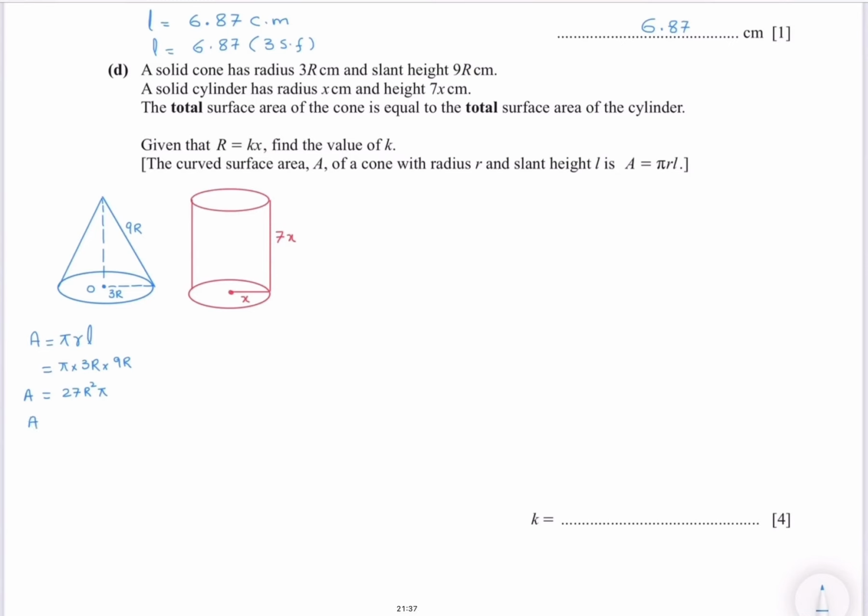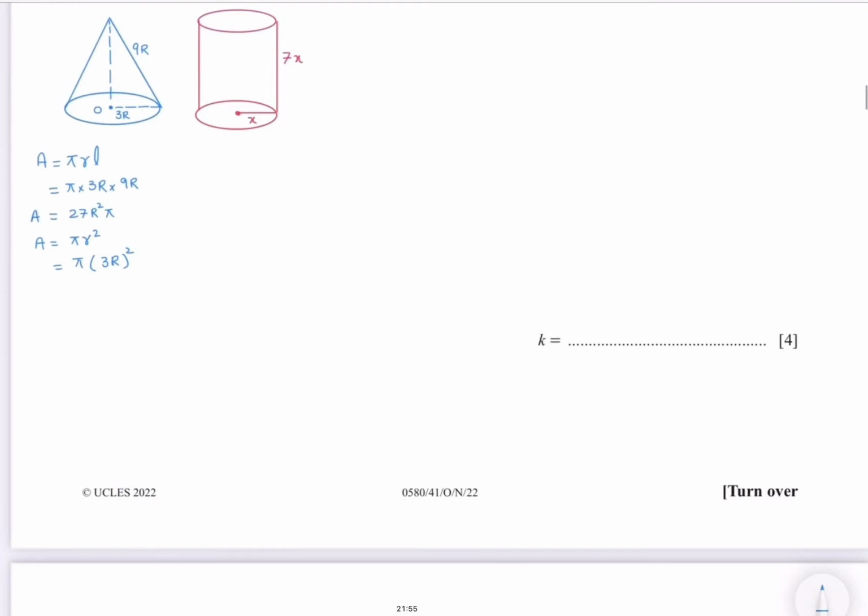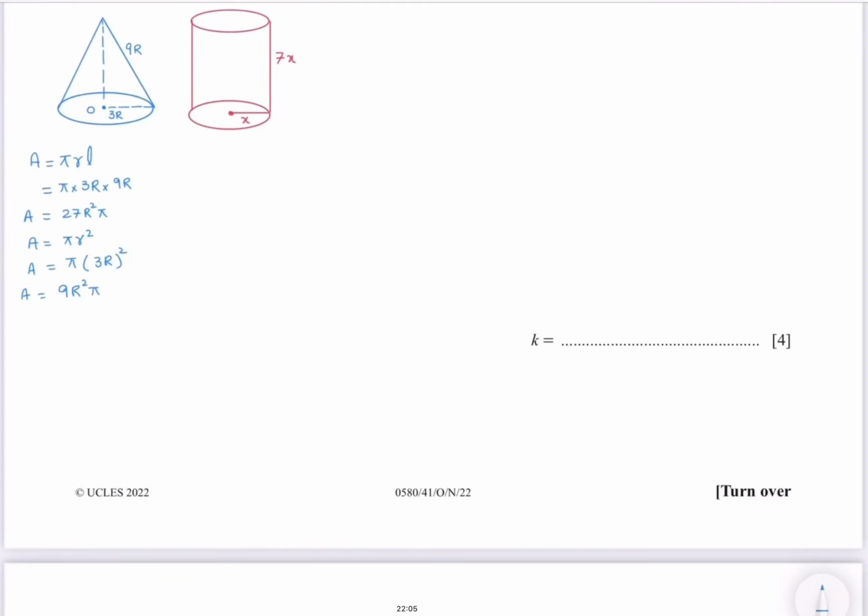And there is an area of a circle at the bottom of the cone, which is pi r squared. So pi times 3r whole squared. So your total is 27r squared pi plus 9r squared pi. This is your 36r squared pi.